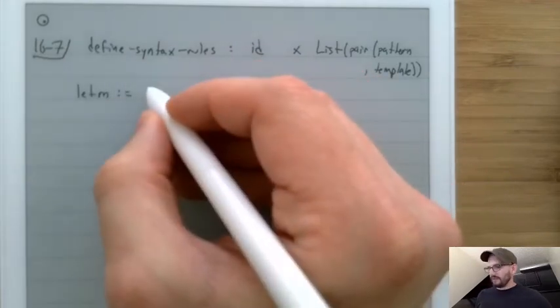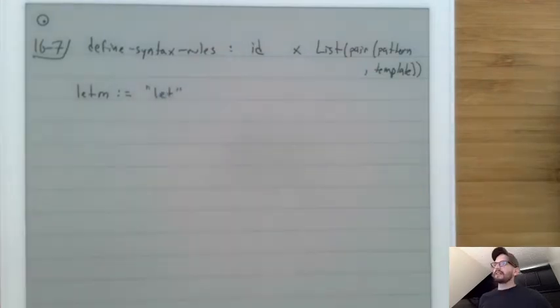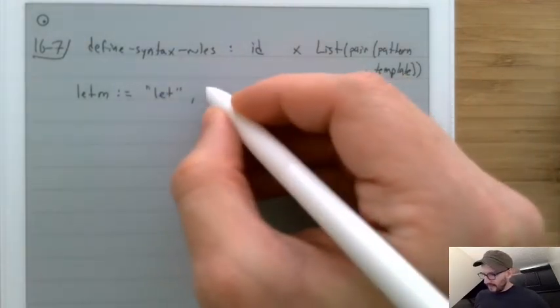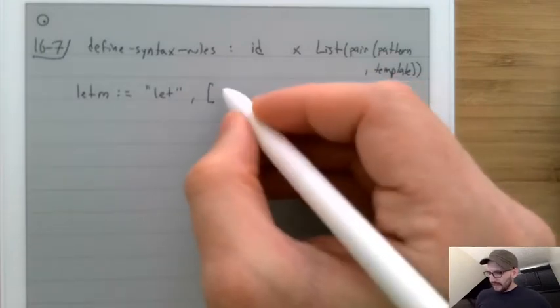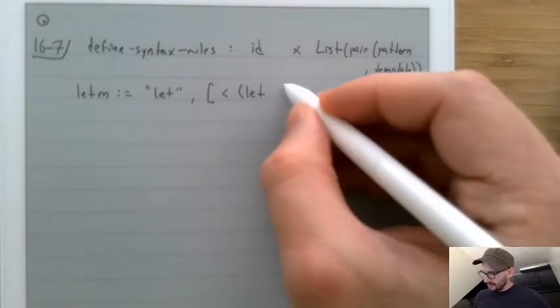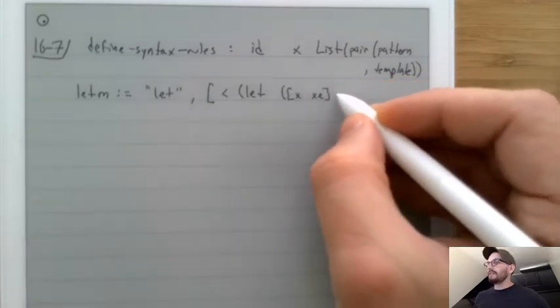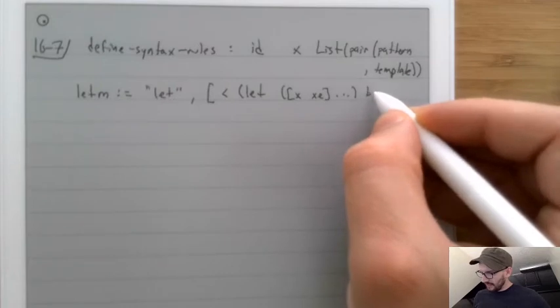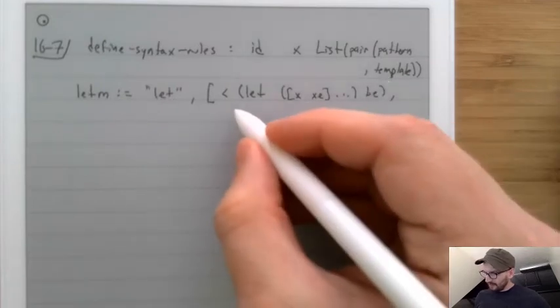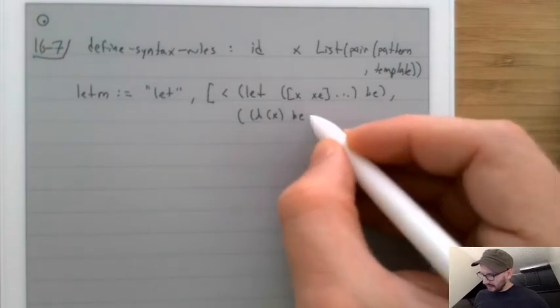it would be let is the name of the identifier, and then there's a list, and then that has inside of it the pattern, which would be let x xe dot dot dot be, and then the template would be lambda x be.